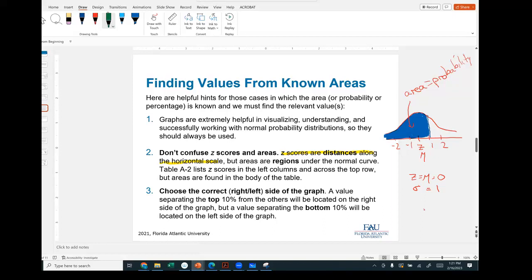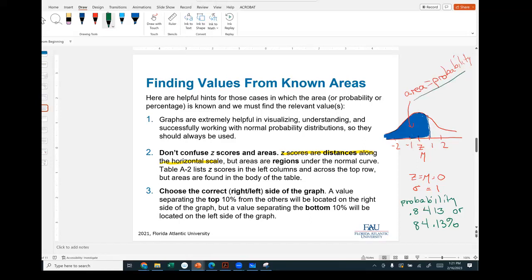So my probability is 0.8413, or I can say it's 84.13%.